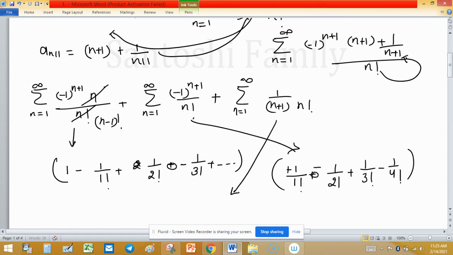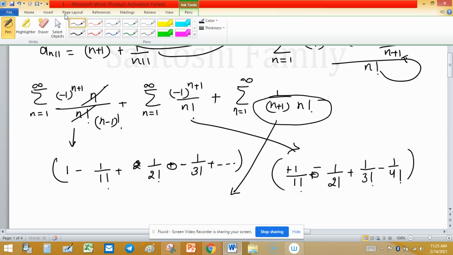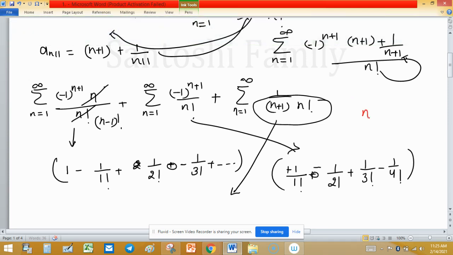And for the third one, when n equal to 1, you can observe what this is: this is nothing but n plus 1 factorial.